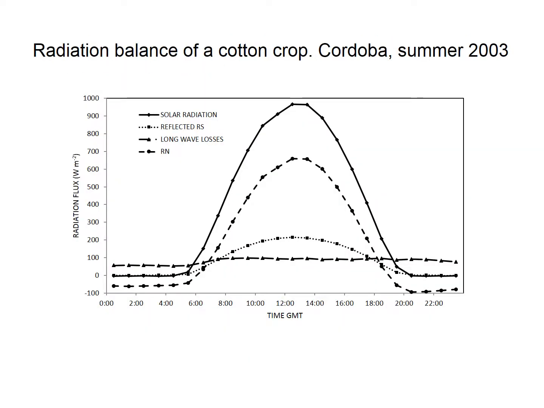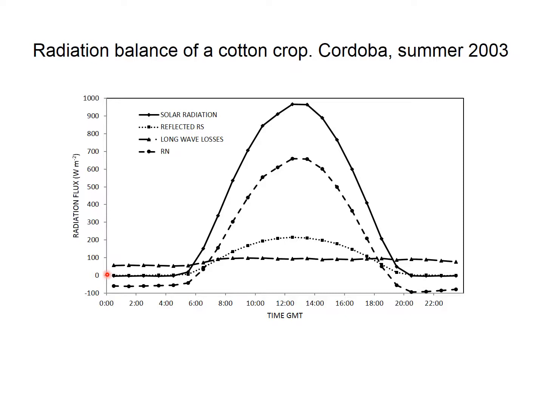In this graph, we show the time course of the different components of solar radiation, net radiation, reflected solar radiation, and long wave losses over a cotton crop in Cordoba in the summer of 2003.